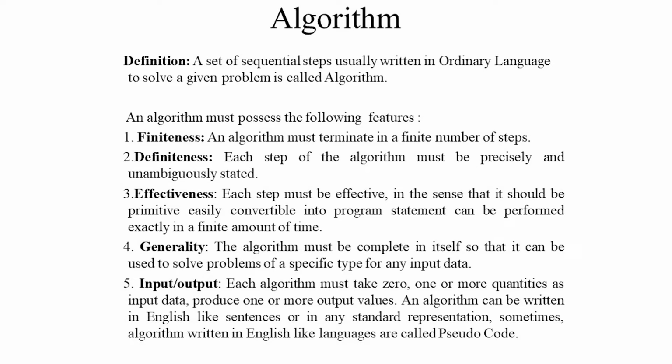The next feature is generality. The algorithm must be complete in itself, such that it can be used to solve problems of a specific type for any set of input data. And the last feature is input and output. Each algorithm must take one or more quantities of input data and should produce one or more output values.